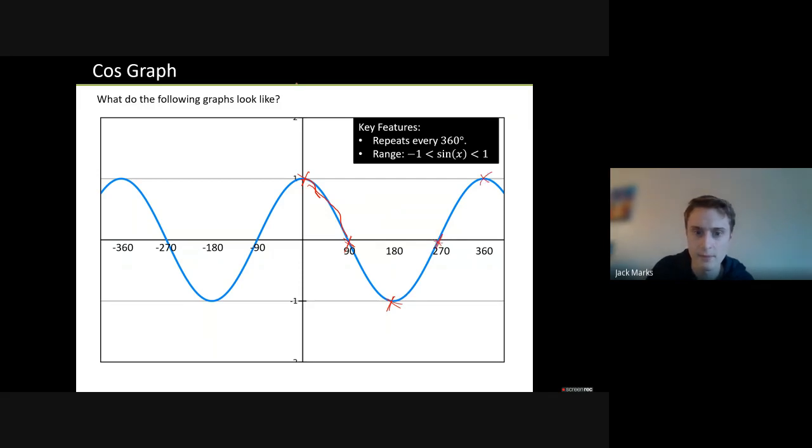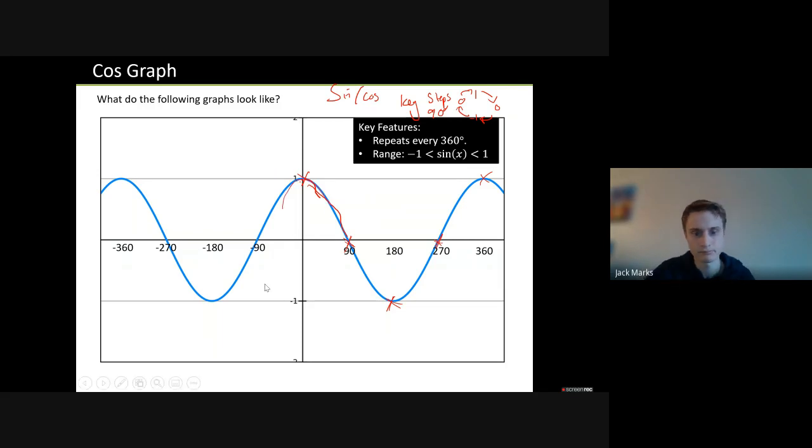The key steps for sine and cos are 1 to 0 to -1 to 0 to 1. This is always every 90 degrees. So I think of it this way and then connect it in this flowing way. Cos also has symmetry about its y-axis as well, okay?